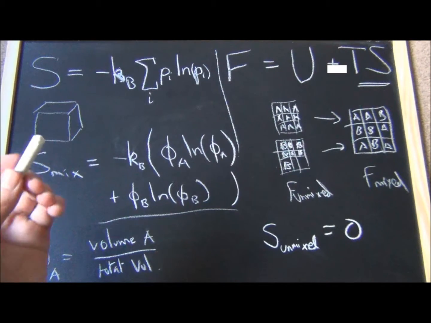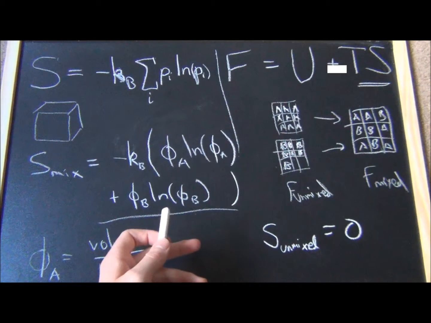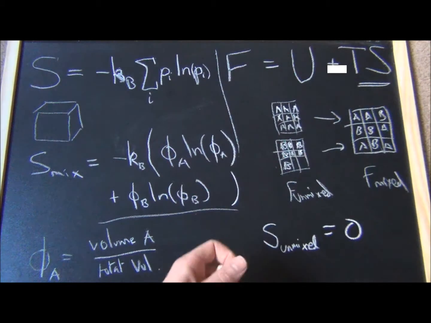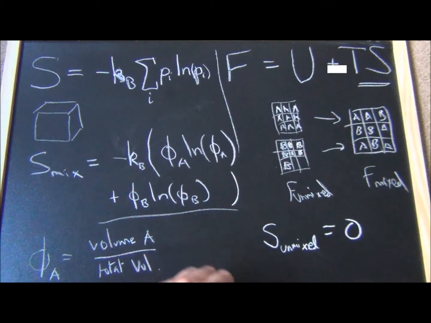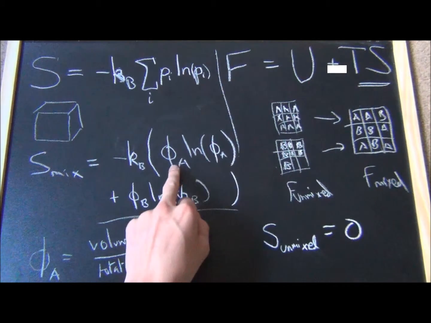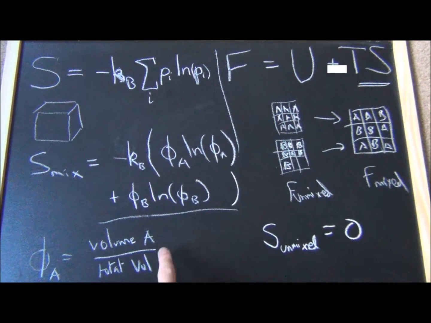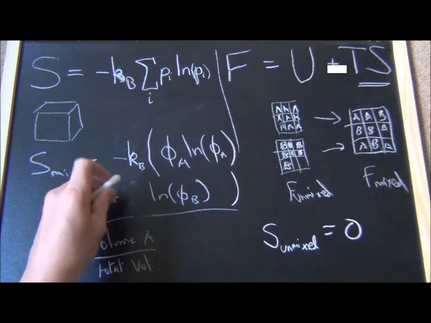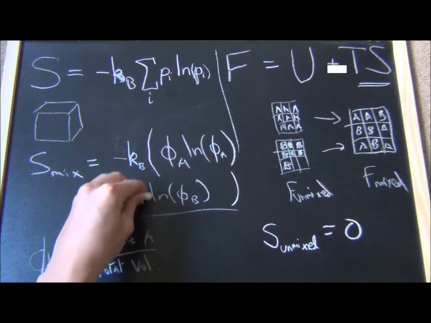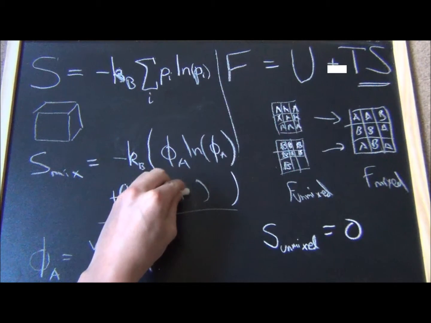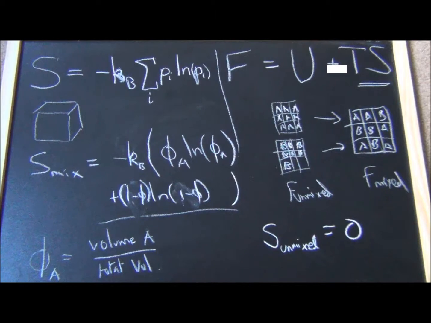But it gets simpler because we know there's only two kinds of molecules. In this special case there could be more in other cases, but in this special case there's only blue and red, so we know that this number is going to be 1 minus that number, because they've got to add up to 1. So we just replace that. And you can test this out by differentiation, finding the maximum, or you can just trust me that the maximum is going to be when phi is 0.5, which kind of makes sense.